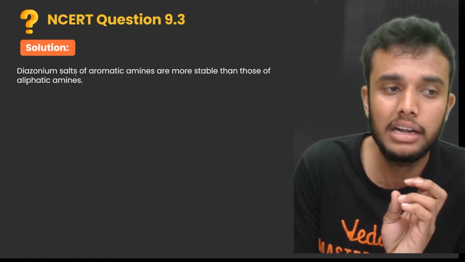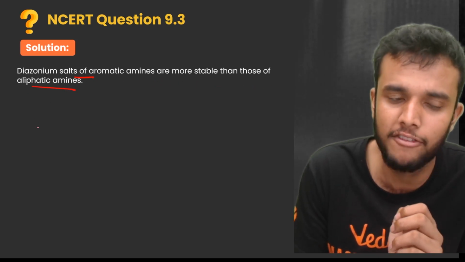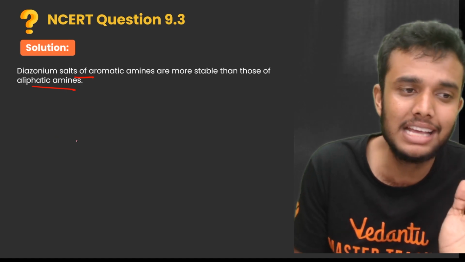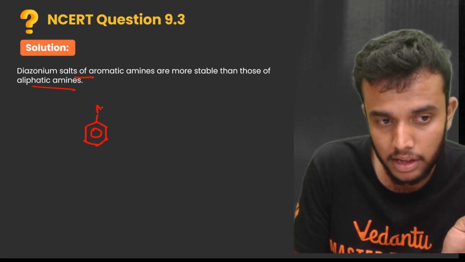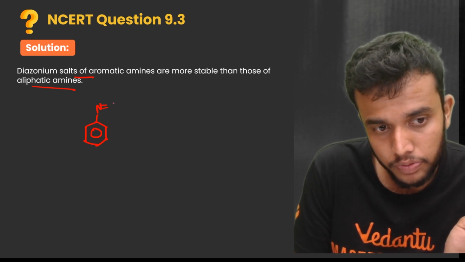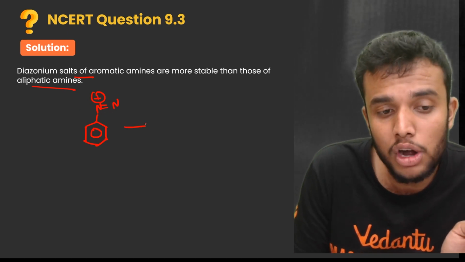Next question. Diazonium salts of aromatic amines are more stable than those of aliphatic amines. It's very easy. What is the structure of a diazonium salt? This is a diazonium salt, with the N2 plus group. What happened? It undergoes resonance, students.